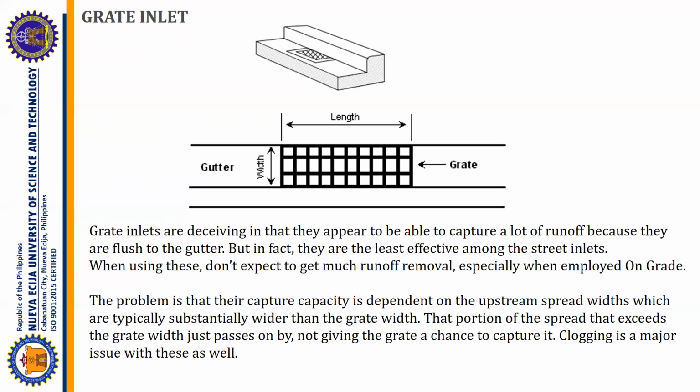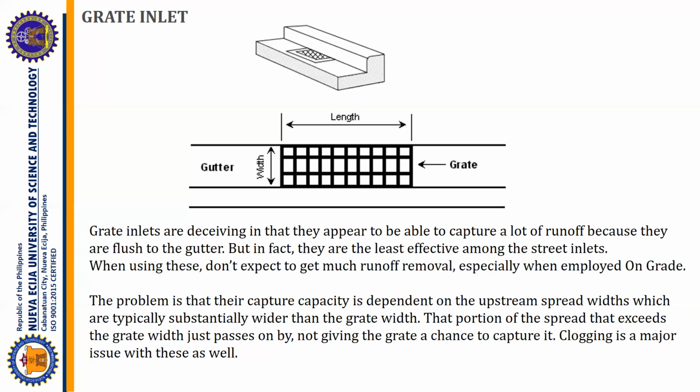So, ito yung curb inlet natin is most effective. Ito naman is the least effective among the street inlets. When using this, don't expect to get much runoff removal, especially when employed on grade.